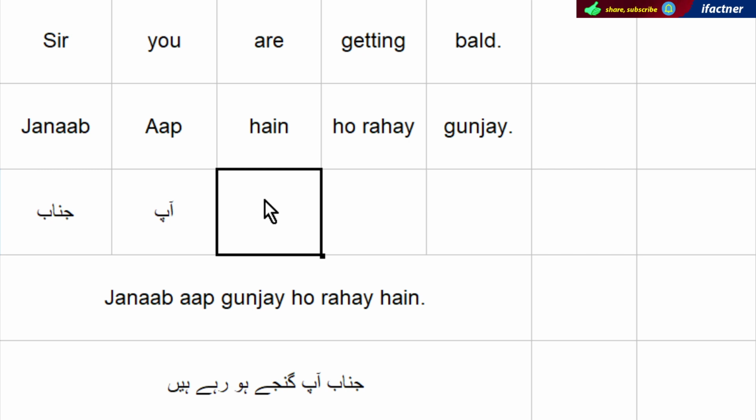R is translated as हैं, and we write हैं as हे ये नूना. हो रहे, which means getting, so we write ho, hewa ho, and rehe is another word, re he badiye.